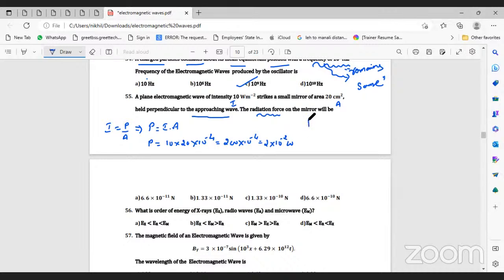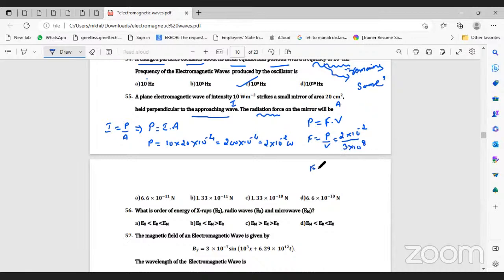So power is equal to force into velocity. So what is force? Power divided by velocity. What is power? 2 into 10 power minus 2 by, you know that the radiation is going to travel with the speed of light, so it is 3 into 10 power 8.